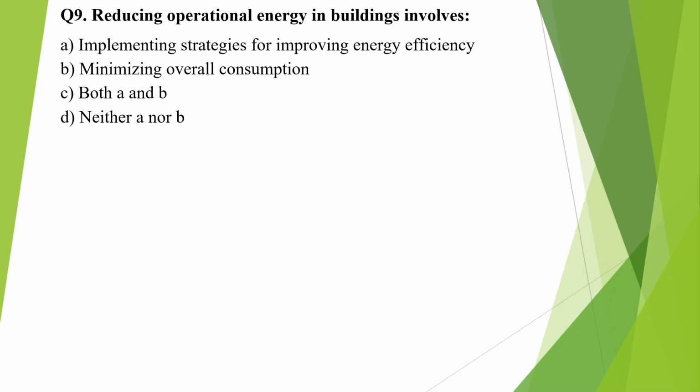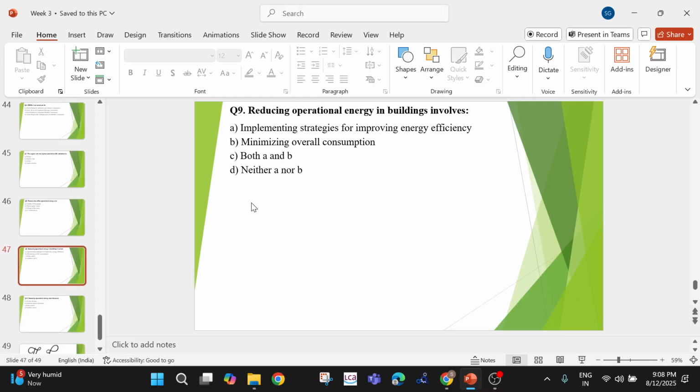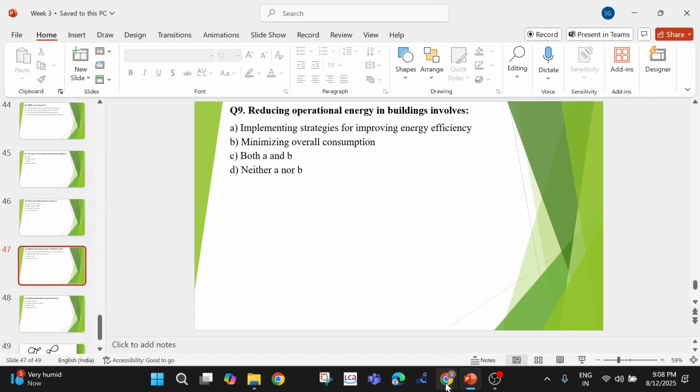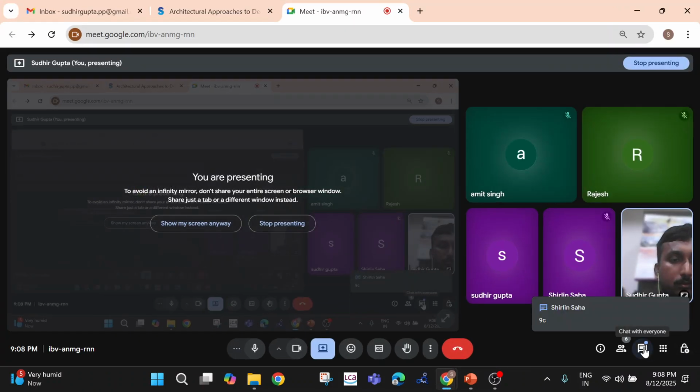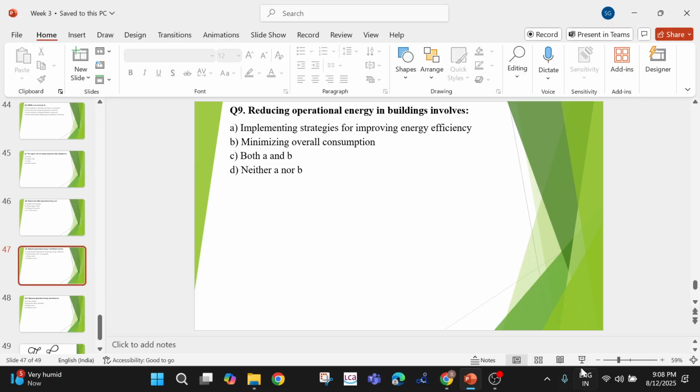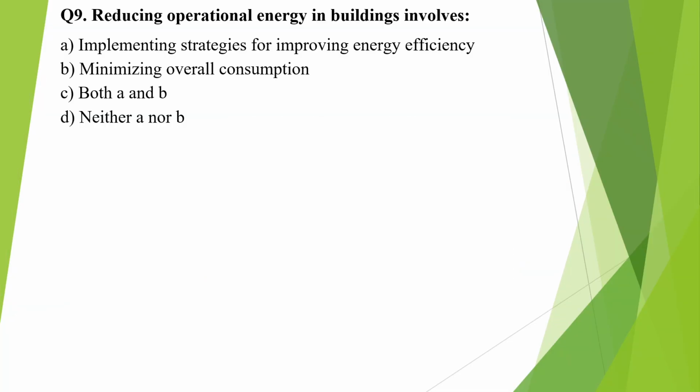So let's see how many of you have answered it correctly and how many incorrectly. Yeah, Rajesh was the first to answer it, and the others also have answered C. So for this particular question, if you are trying to reduce the operational energy in a building, then you should be implementing strategies to improve the energy efficiency.